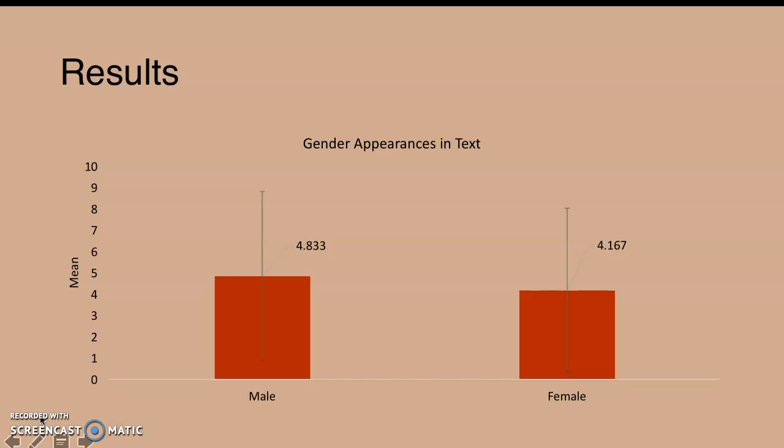So, of course, depending on the nature of the content in the chapter, some chapters had lots and lots of images depicting humans with assigned genders, and others were more specific to muscle groups or the pituitary gland, and there's not so much that gendered nature of the image. So that accounts for the large standard deviation that we have. But really there was not a significant difference between male and female appearances in the text.